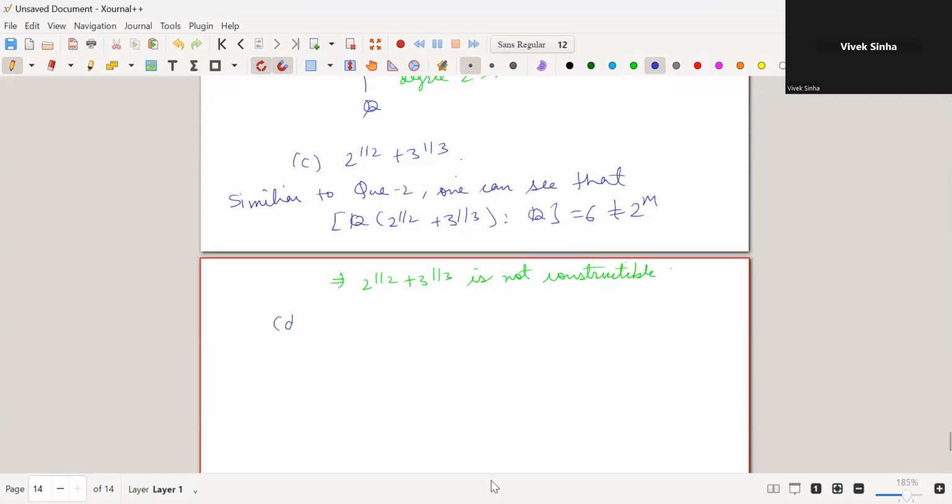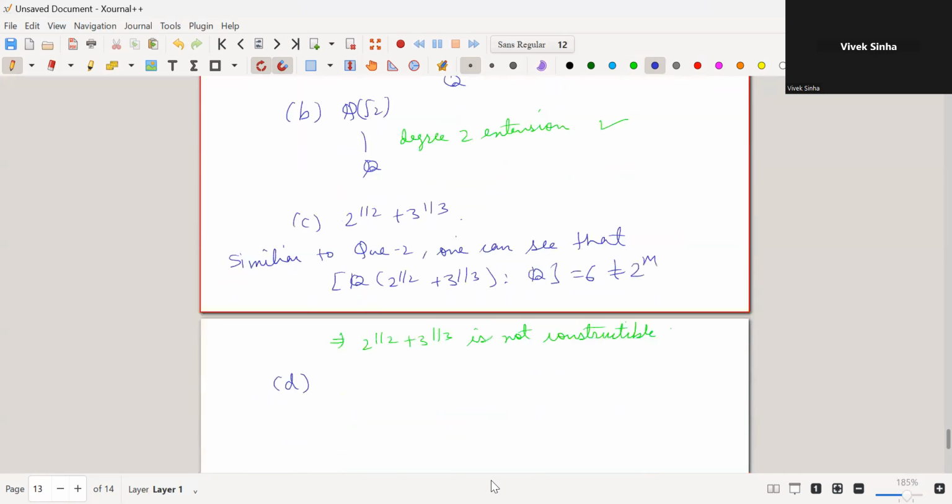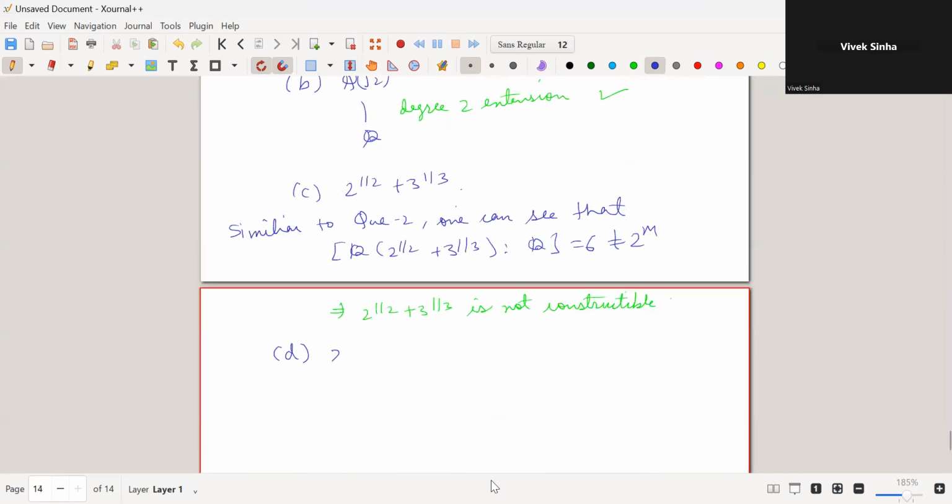And D part, which says 2^(1/2) plus 3^(1/2), this is constructible.